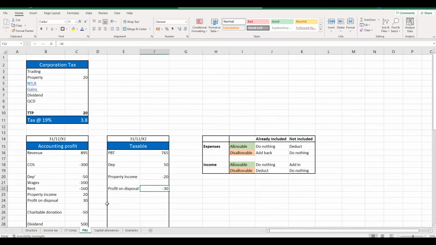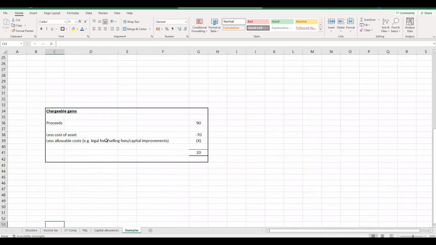Whereas the chargeable gain is going to be worked out purely on what the proceeds are, and the cost of the asset was this, and we might have had maybe allowable costs of 20 or whatever came up in the question to get to our chargeable gain.